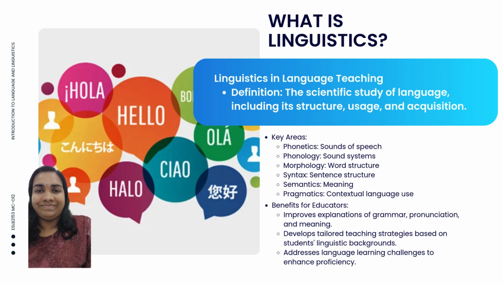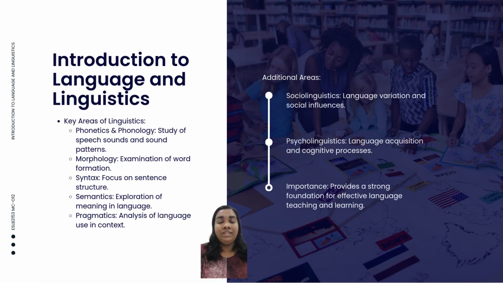Now we see the introduction part of Introduction to Language and Linguistics, which covers key areas of linguistics for understanding language structure and use: phonetics and phonology, which are speech sounds and sound patterns, and morphology, which is word formation. Syntax focuses on sentence structure.